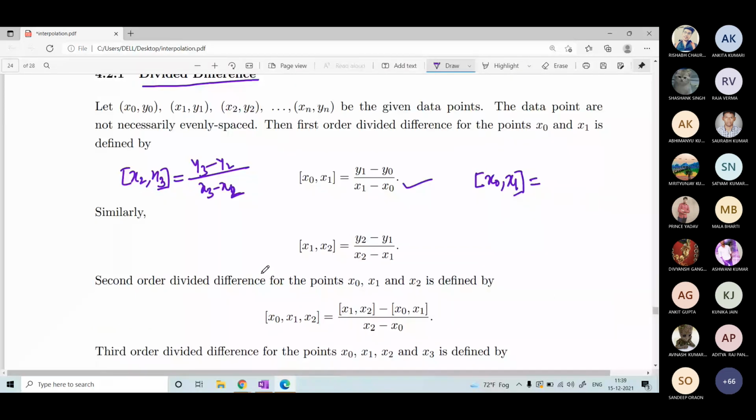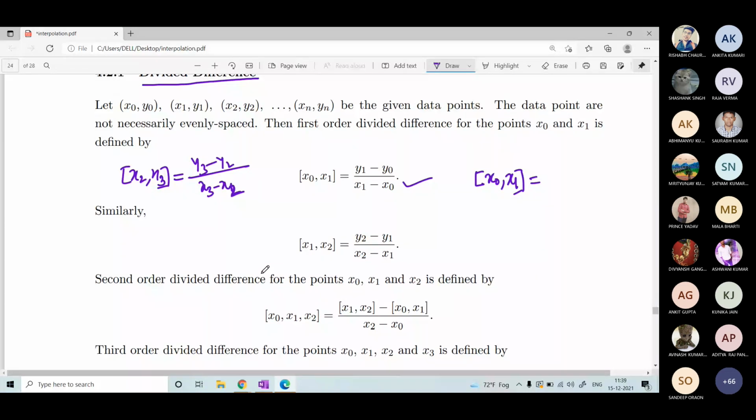Similarly, for the second order divided difference you need 3 points: x0, x1, x2, or x1, x2, x3, or x3, x4, x5, like this. The second order divided difference for x0, x1, x2 is defined as the divided difference of the last two data minus the divided difference of the first two data, by the length of the interval, x2 minus x0.